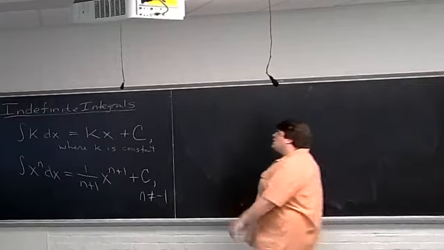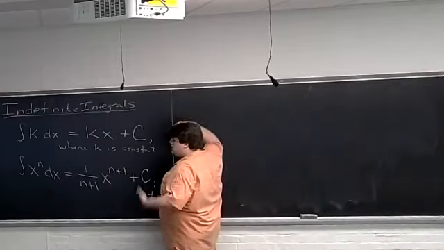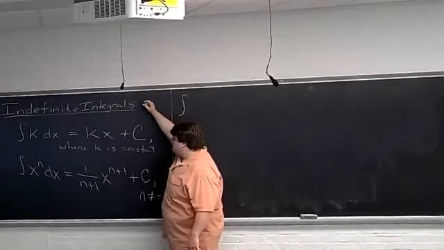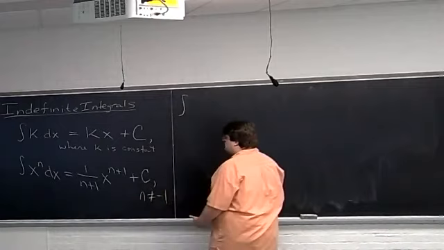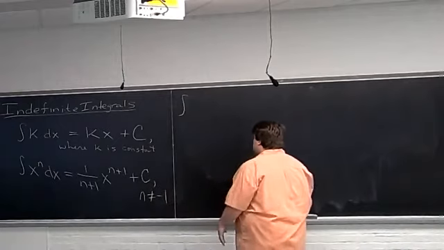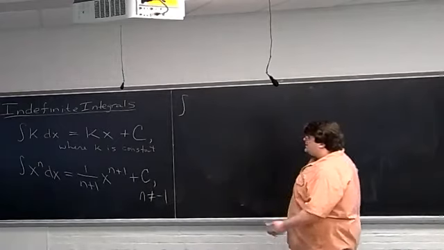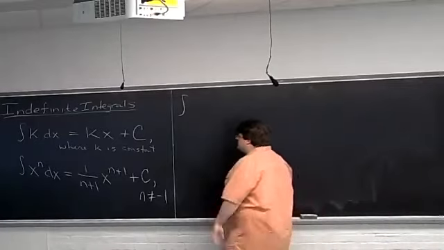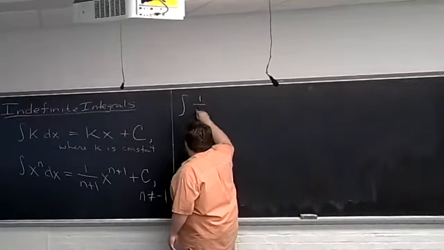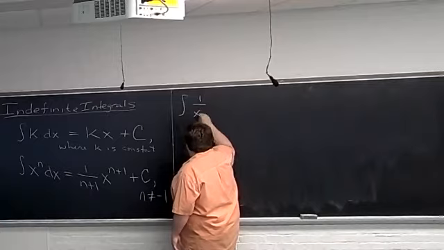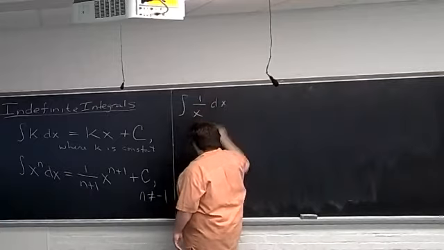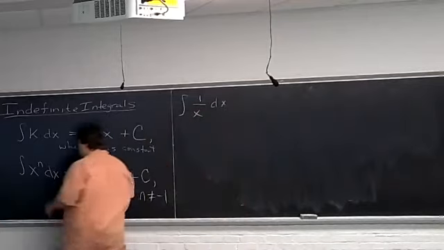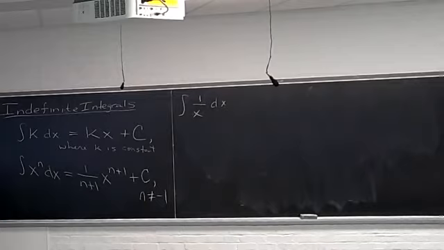Well, we have a third rule. I said we're going to have 10 rules here. This third one will be the one without an antiderivative rule paralleling it. And you could do it, I just didn't want to get into it last week. When n equals -1, you have x to the -1, which can be written as 1 over x.